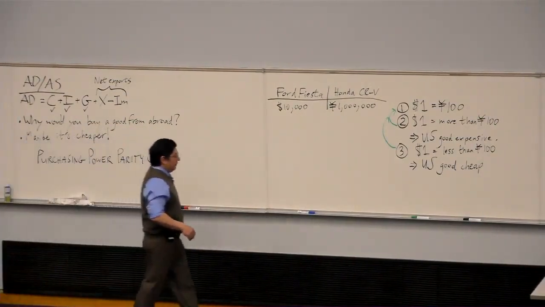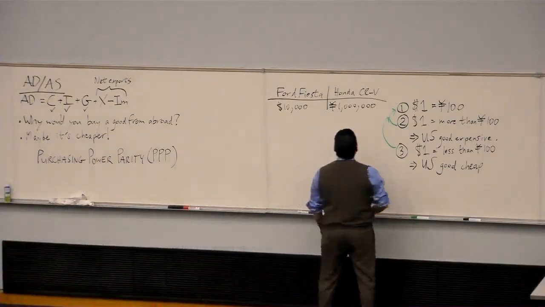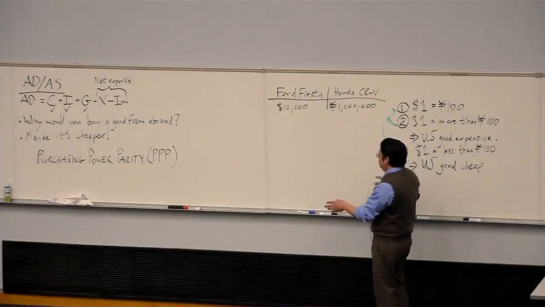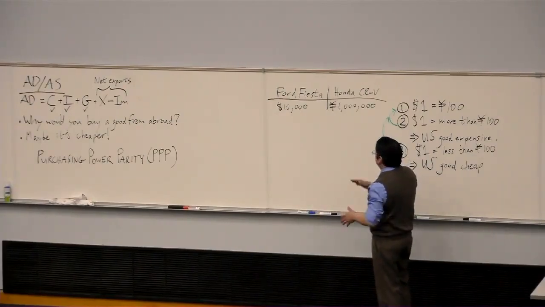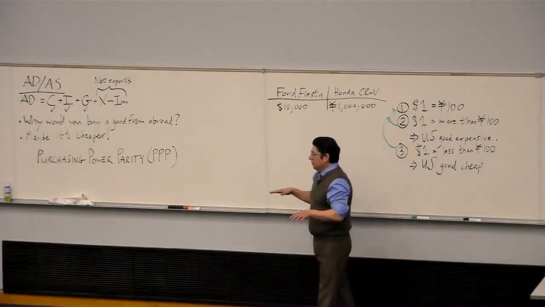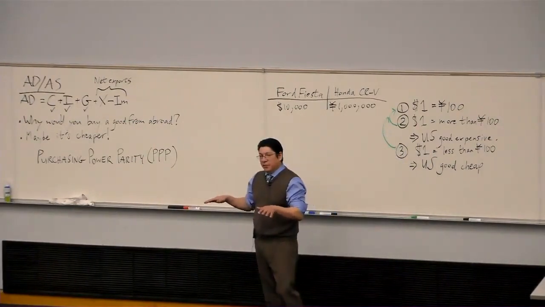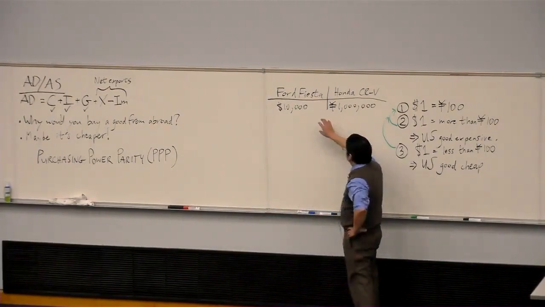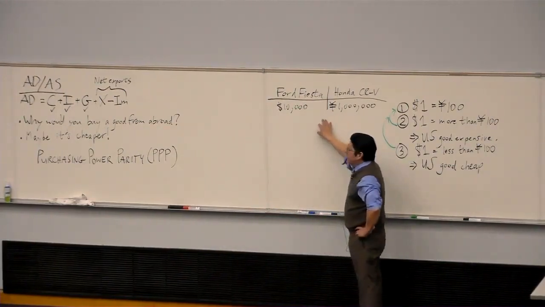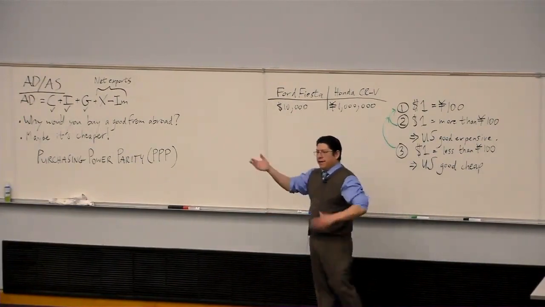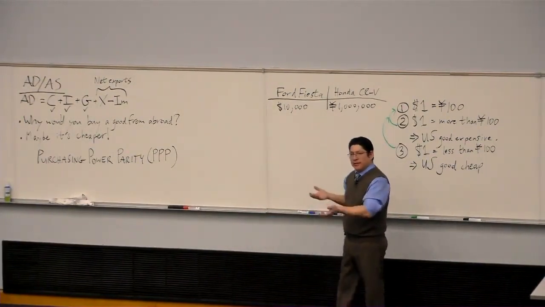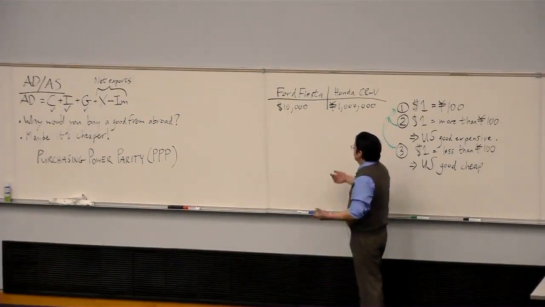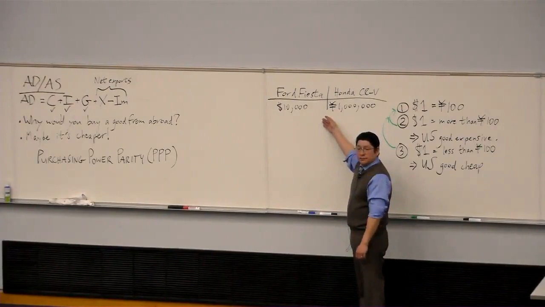And you might think, well, Professor Samaniego, I understand the logic, I understand the intuition that exchange rates should adjust so that goods are roughly the same price everywhere. But I can't imagine that the entire exchange rate market for dollars and yen is determined by mismatches in the price of a particular good.